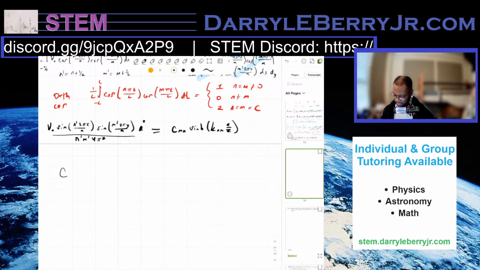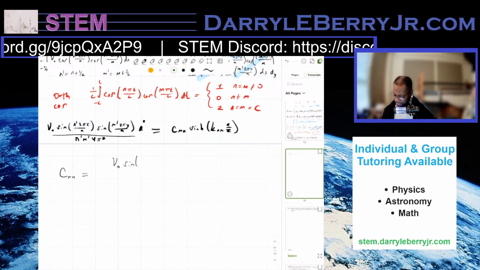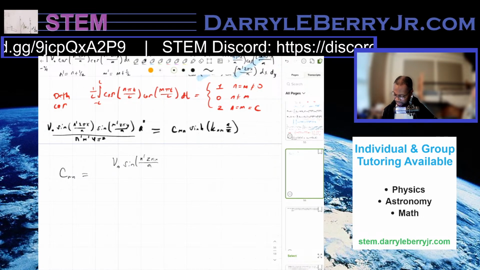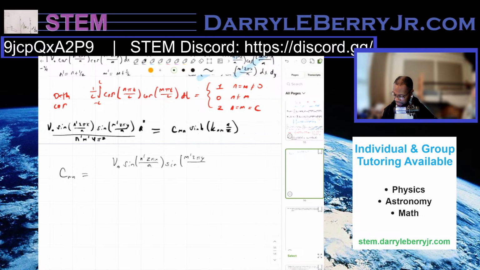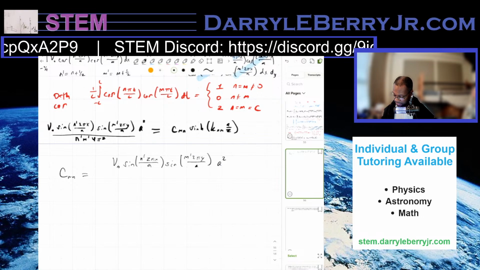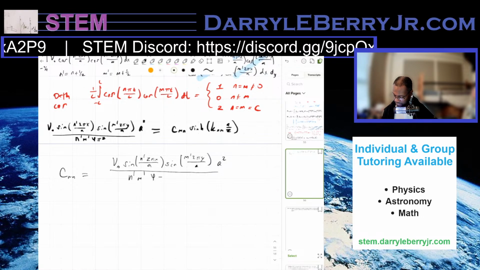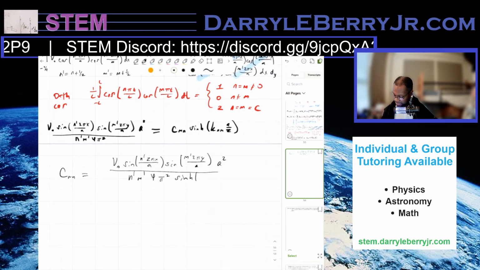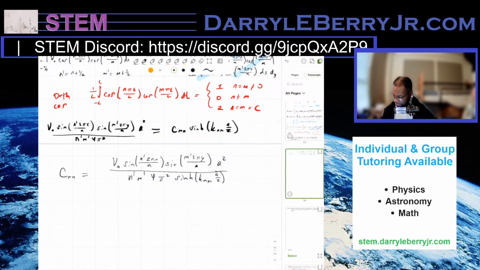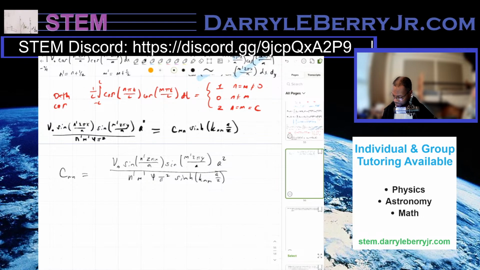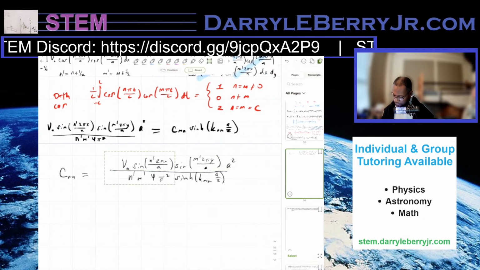We can say C_mn equals V naught sine n prime 2 pi x over a, sine m prime 2 pi y over a squared over n prime m prime 4 pi squared hyperbolic sine K_nm a over 2. Of this.